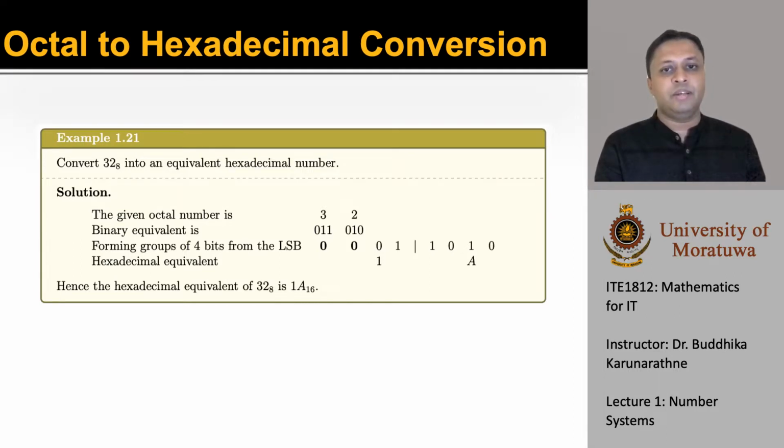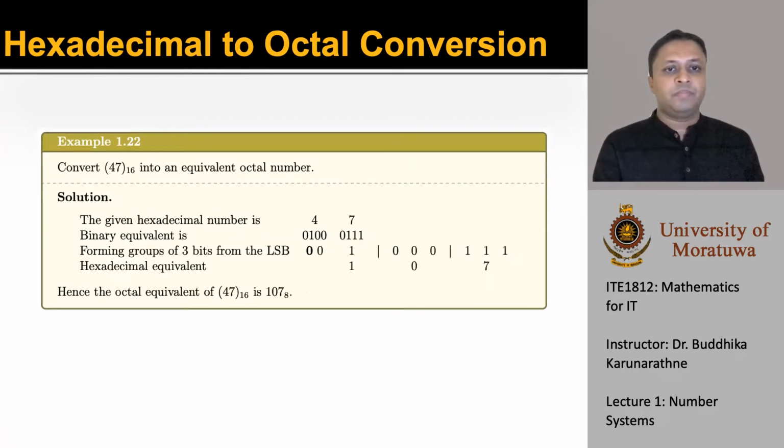And for the other one, you have to add 2 preceding zeros to get a group of 4. And that represents number 1. So the converted value in hexadecimal is 1A. 32 in octal format corresponds to 1A in hexadecimal. So that's how you convert octal to hexadecimal.